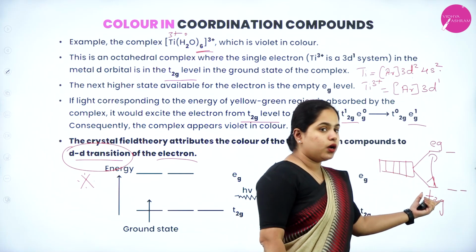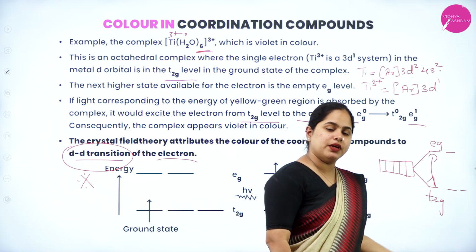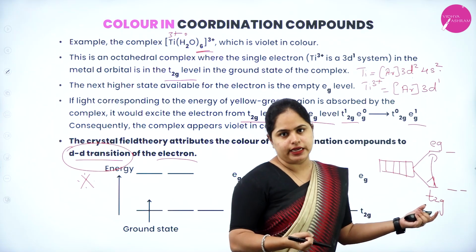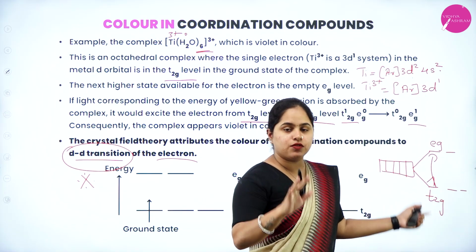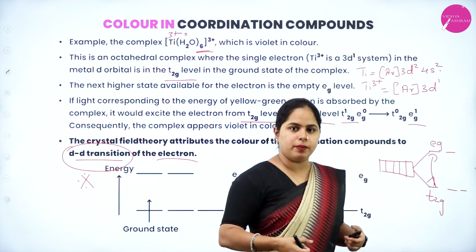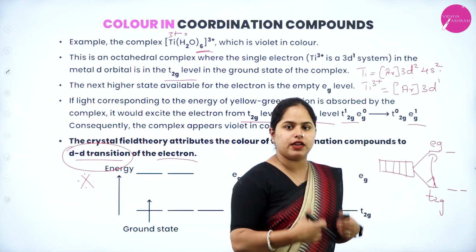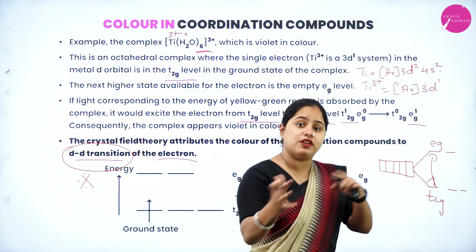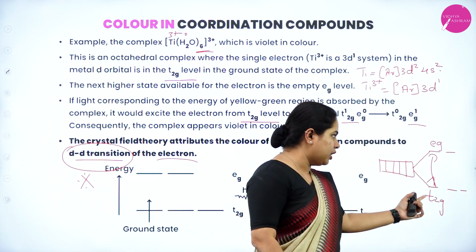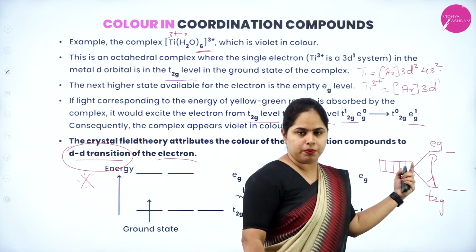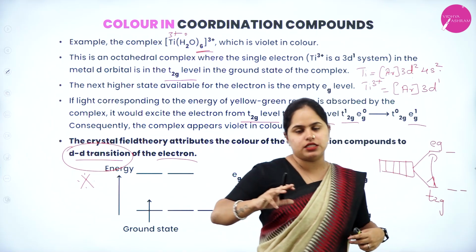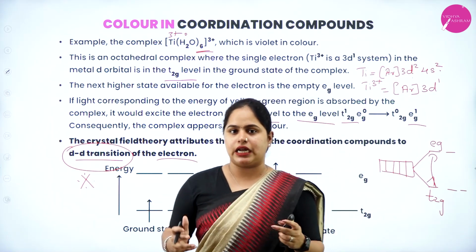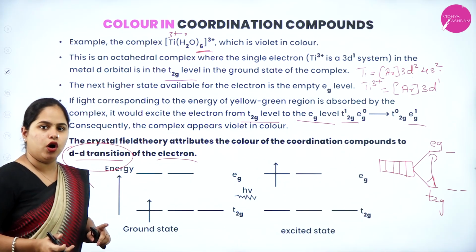So from the lower d orbital, what happens when it absorbs light? It absorbs electromagnetic radiation, so it gets energy and moves to a higher energy level. Because it jumps from one d orbital to another d orbital, it is called d-d transition. So because of this d-d transition, the color is shown by the coordination compound.